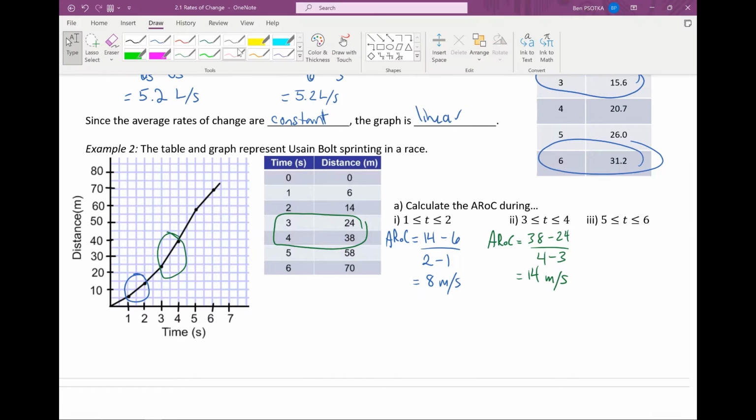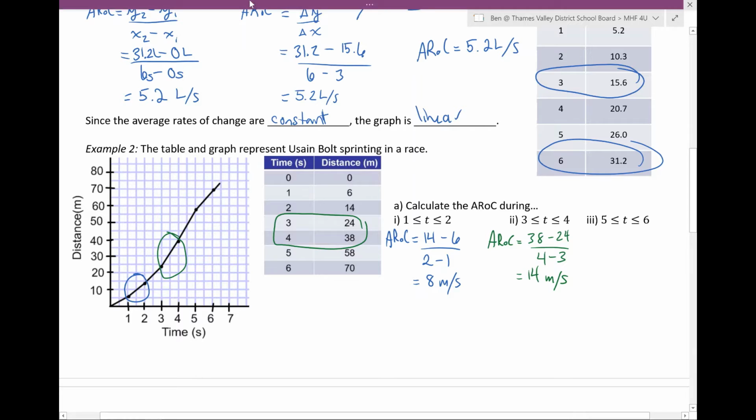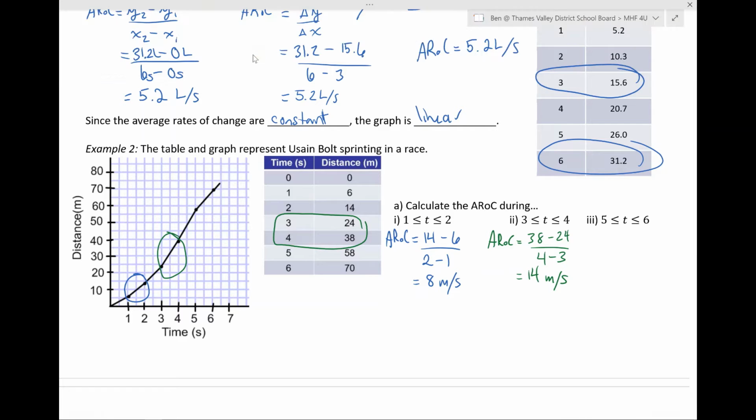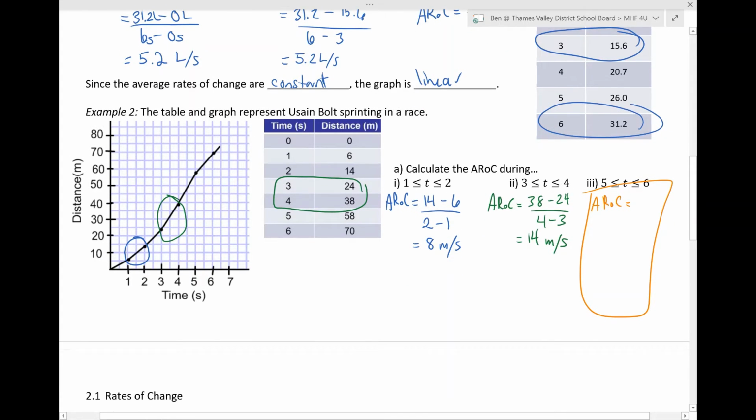And lastly, we have from 5 to 6 seconds an average rate of change. This should be pretty straightforward for you. I'll leave that for you to finish, but we should find it equal to 12 meters per second.